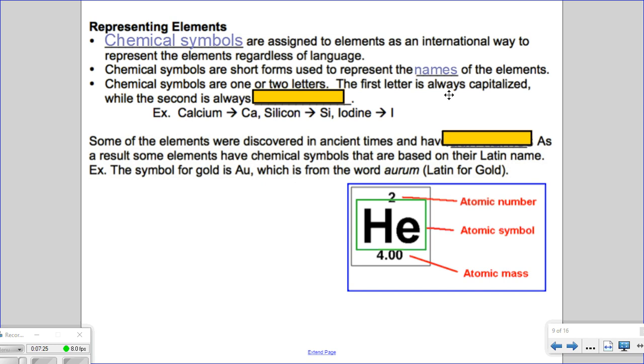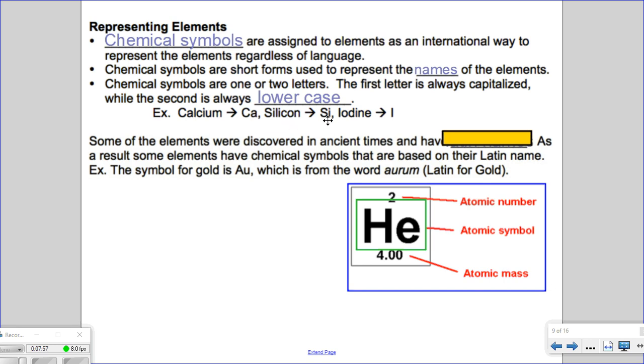The first letter is always capitalized, while the second letter is always lowercase. For example, calcium has a chemical symbol of Ca. The first letter is always uppercase, and then the second letter is lowercase.